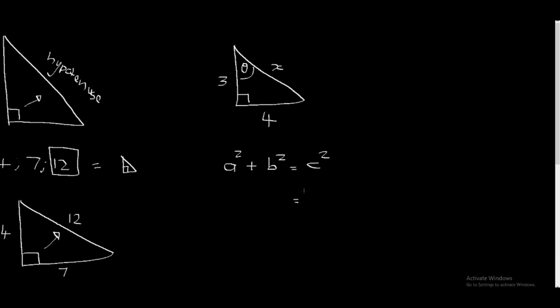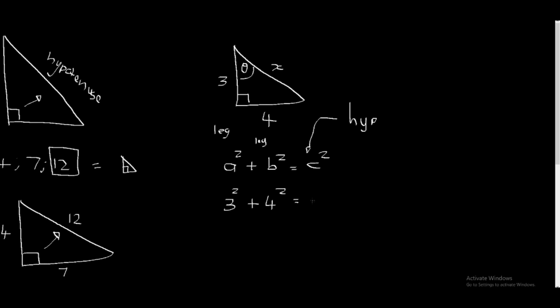Now my c's value in this case is x. So the c in the Pythagorean theorem refers to my hypotenuse, while the a and the b refer to the two legs. Or again, you can think about it as your height and your base, right? Or your x and your y. There are many different interpretations, but let's stick to two legs for now.